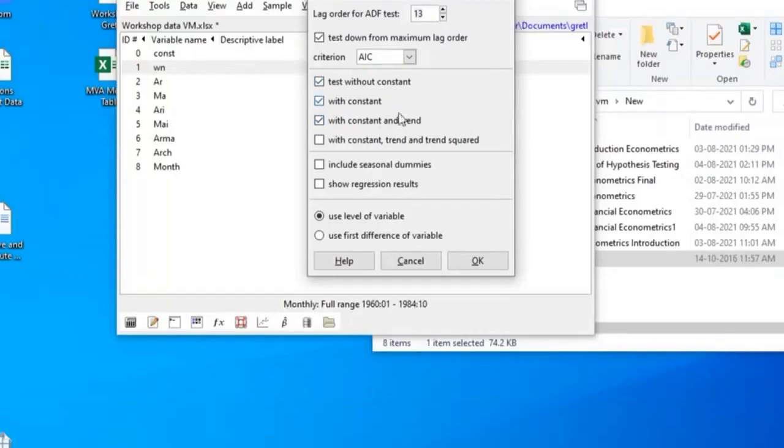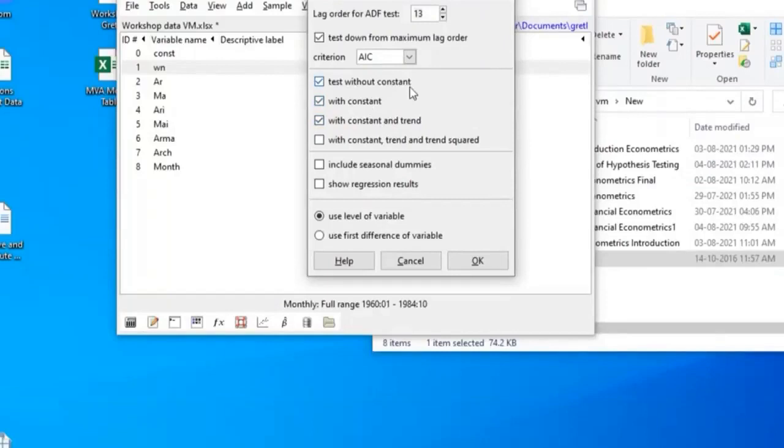The one with the constant also includes a trend, the stochastic trend. Here we will have a stochastic trend and a deterministic trend. We will remove both. So if there is no trend at all visible, then it is better that we take only this one.